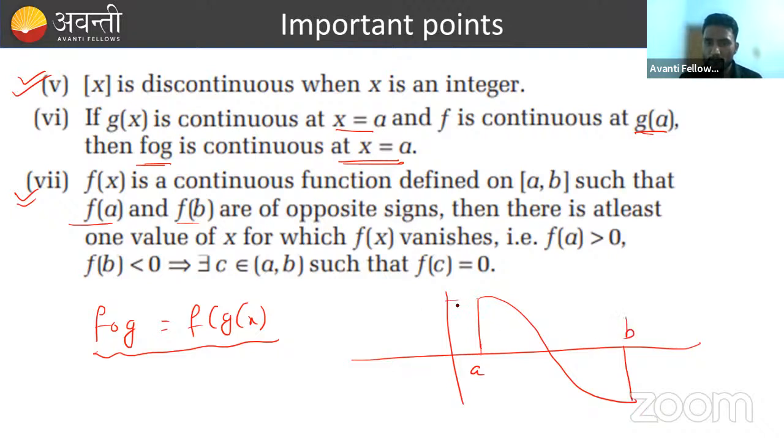So f of a, you can see it is positive, and f of b is negative. So if both are of opposite sign, then if it is a continuous function, there is at least one point in the interval a to b where the function value vanishes. Function value vanishes means f of x is equal to 0, because it is obvious now.